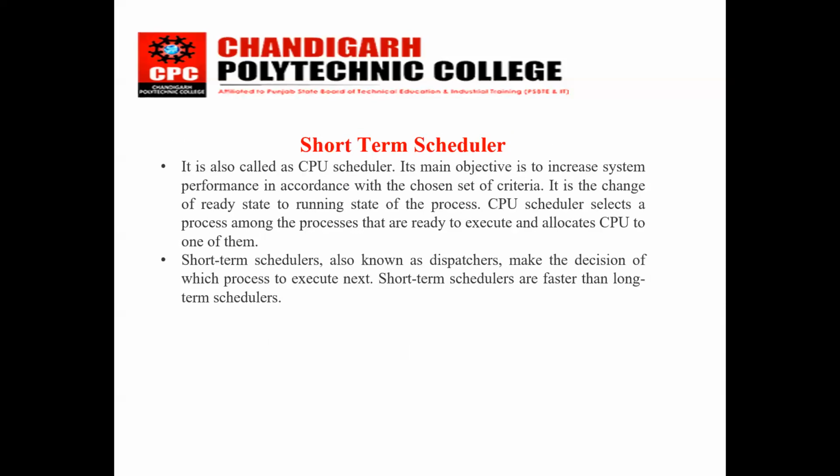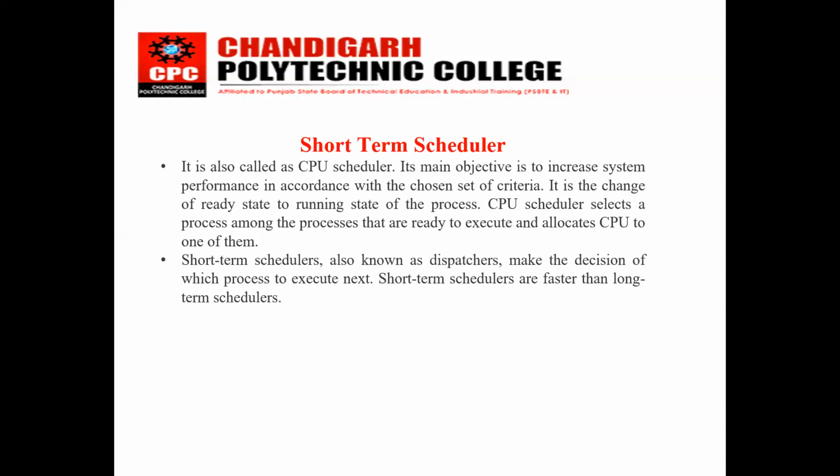And next we have the short-term scheduler. The short-term scheduler is also called the CPU scheduler. The main objective is to increase system performance in accordance with the chosen set of criteria.